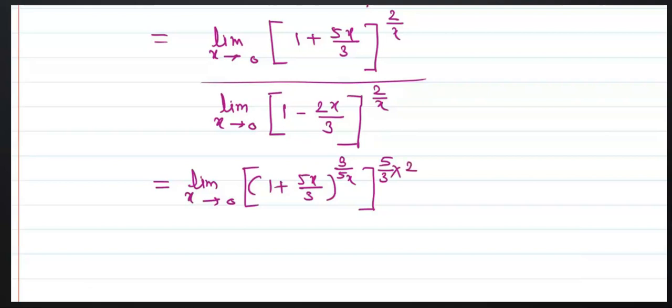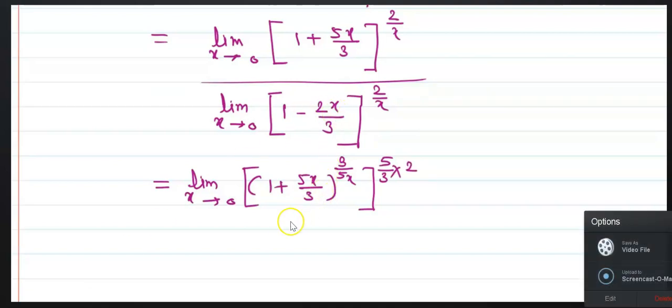That is 1 plus 5x upon 3, and now we write here the term 3 upon 5x. Originally we have x here, so it's balanced here, but we have the new term 3 upon 5, which is balanced by 5 upon 3.